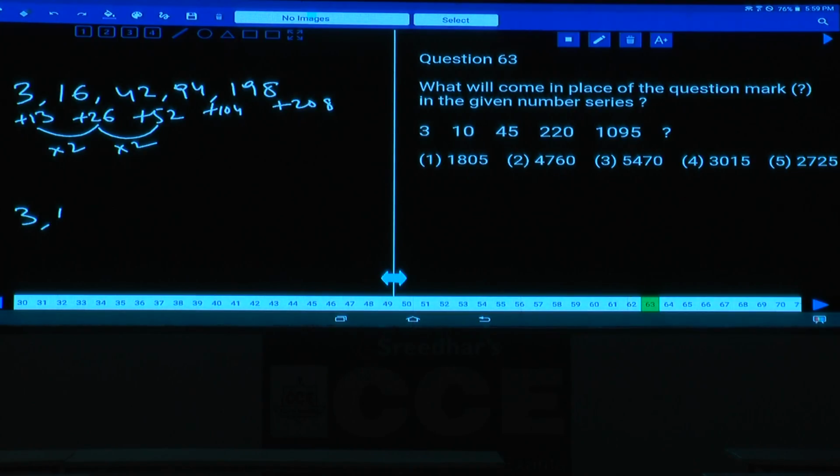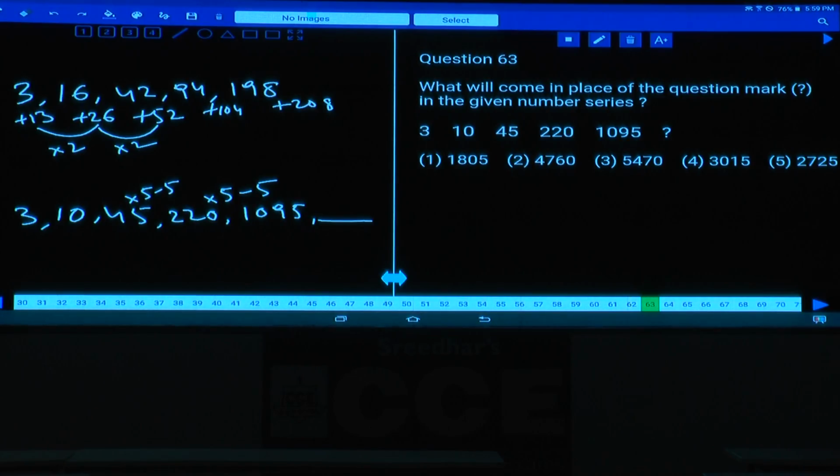Then 63, 3, 10, 45, 220 and 1095. Tell me what should be the next one. 3 and 10. How to express this one 3 and 10? Now 10 and 45, 45 and 220 and 220 into, if you observe here, 220 into 5 is how much? 220 into 5, 1100 minus 5. And this is how much? 45 into 5 is 450 by 2, 225 into 5 minus 5.